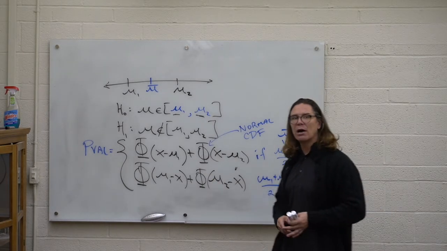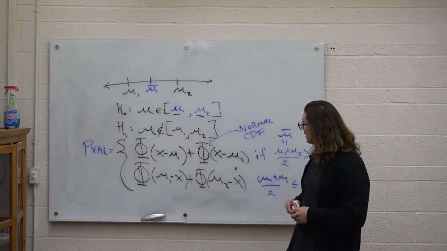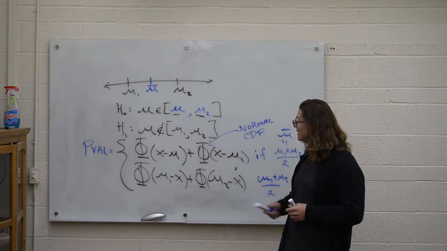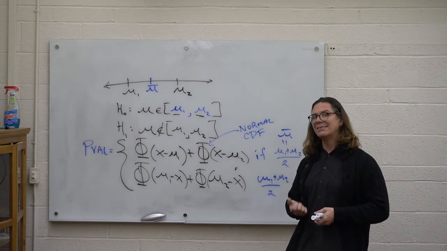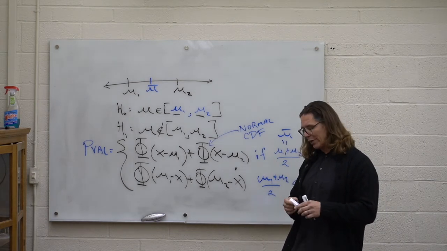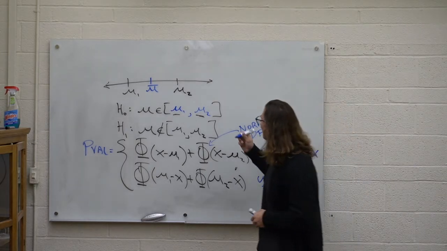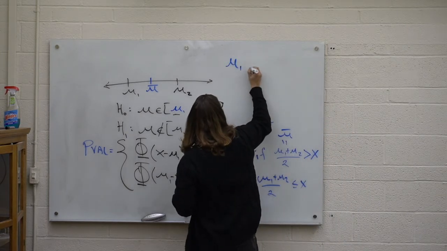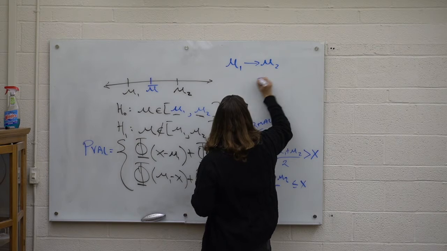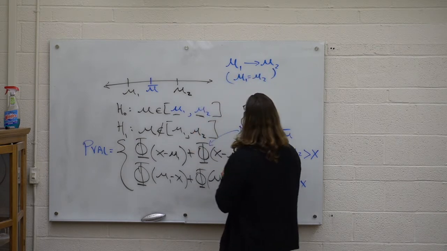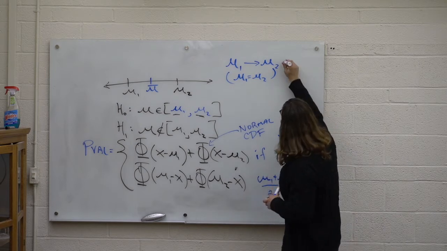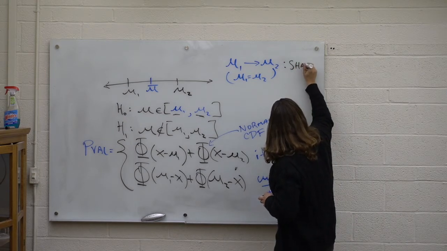One thing I'd like to point out is that the interval test in its limit also consumes the one-sided test and the point null hypothesis. So as mu1 goes to mu2, i.e. they're equal to each other, this is the sharp test.